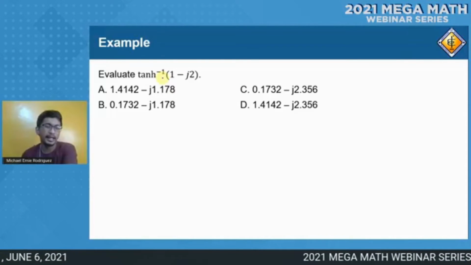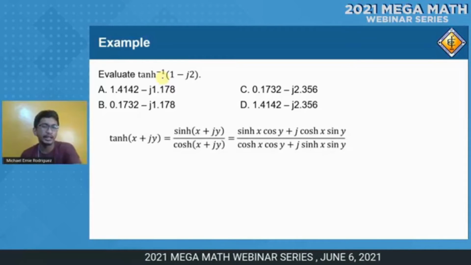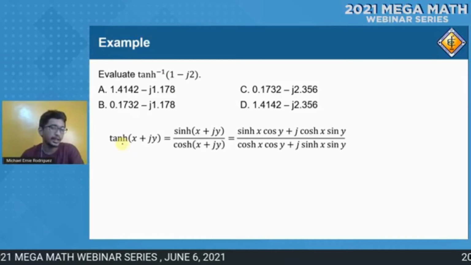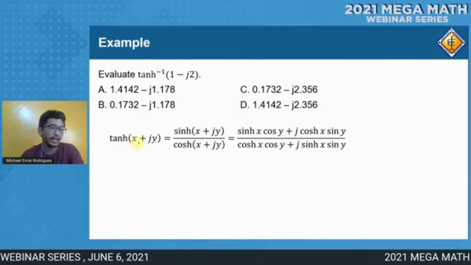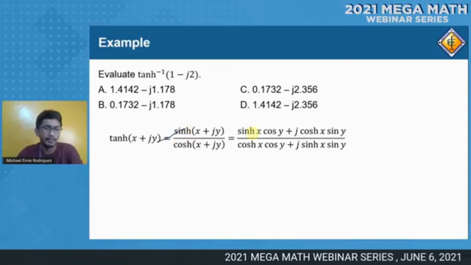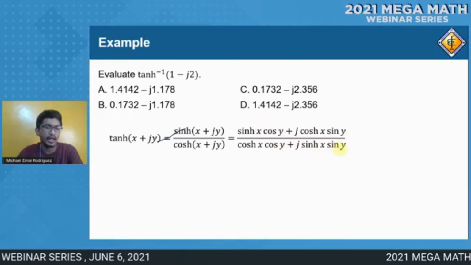So, para madali, on your board exam, gagamitin natin yung hyperbolic tangent definition of x plus jy, which is this one. We have sinh x cos y plus j cos x sin y over cos x cos y plus j sinh x sin y.